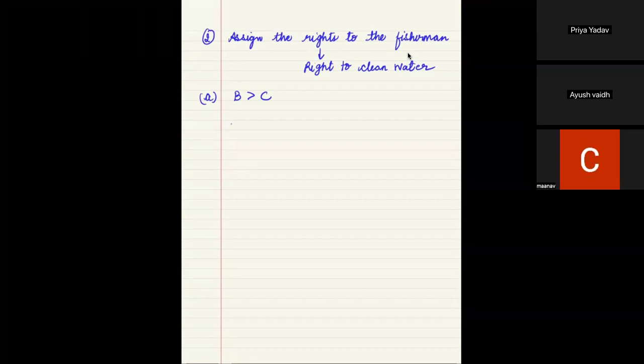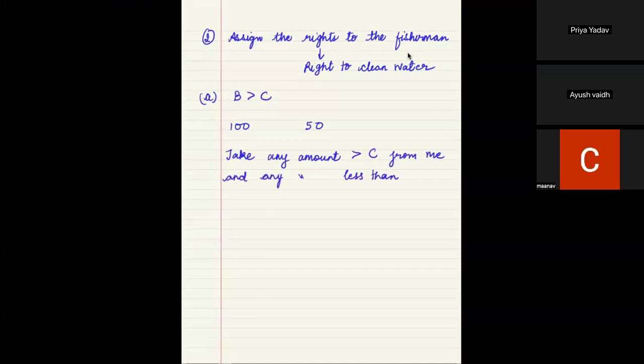So for example, by polluting, I am getting $100 and you are getting a cost of $50 due to pollution. Now the polluter says to the fisherman, take any amount greater than C from me, because that will cover the fisherman's cost, and any amount less than B, because by polluting, how much benefit is he getting?